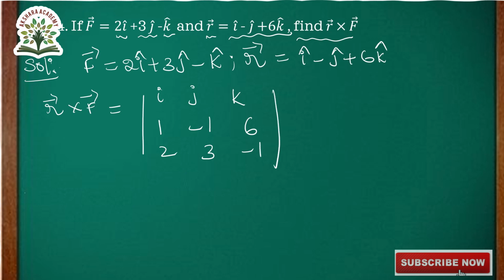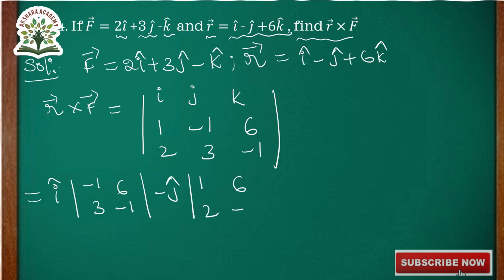So that is equal to i cap of determinant of minus 1, 6, 3, minus 1, and minus j cap of determinant of 1, 6, 2, minus 1, plus k cap of determinant of 1, minus 1, 2, 3.